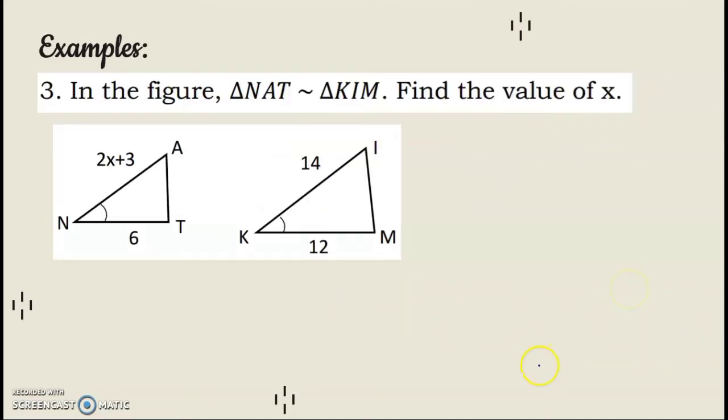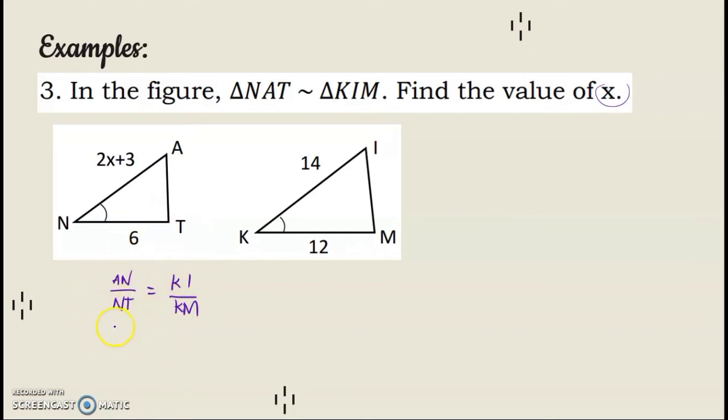Next, number 3. So in the figure, triangle NAP is similar to triangle KIN. Find the value of x. Okay. So since na sa given naman similar sila, so you can write the proportion AN over NP is equal to KI over AN. Okay, pwede yan, diba?